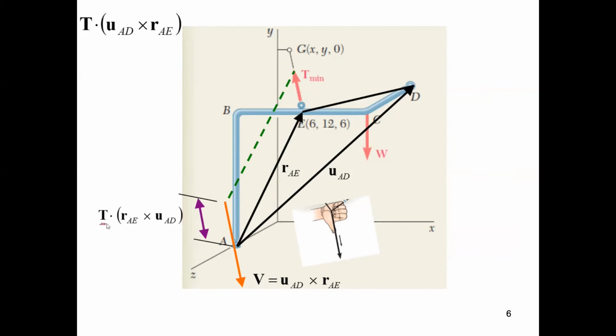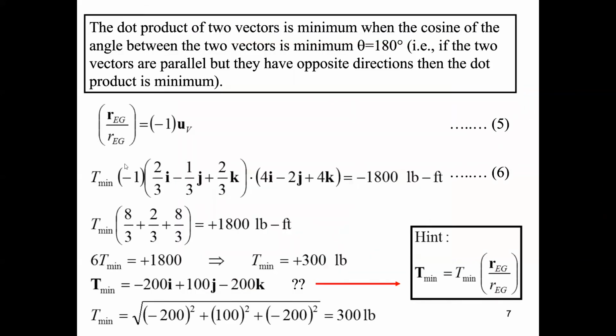And what do I mean by the projection of vector T onto vector V? It means the dot product of these two vectors. If the tensile force vector T is parallel but in the opposite direction to the direction of vector V, then the unit vector in the direction of the tensile force should equal negative 1 times the unit vector in the direction of vector V. This is shown in equation 5.